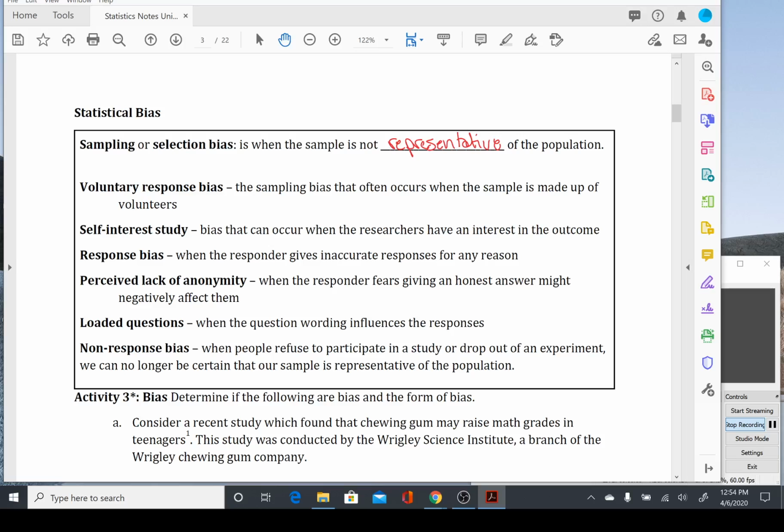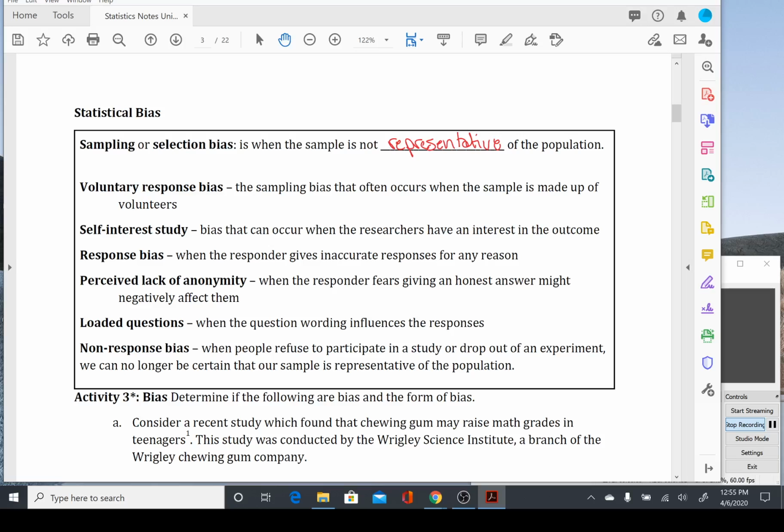There's a self-interest bias, which can occur when the researcher has an interest in the outcome. They may ask questions in a particular way, or stop gathering data once they have reached a certain conclusion. There's a generic response bias when the responder gives inaccurate responses for any reason.